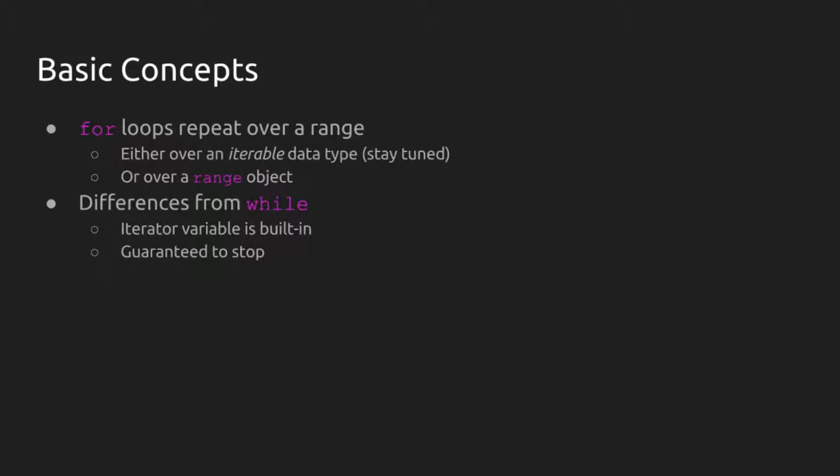Because of the way that we structure for loops, they're guaranteed to stop. So in most situations, if you know how many times you want to do a loop, or you have an iterable set that you want to loop over, you're going to be using a for loop rather than a while loop. It does, however, require the programmer to know how many times she wants to loop.